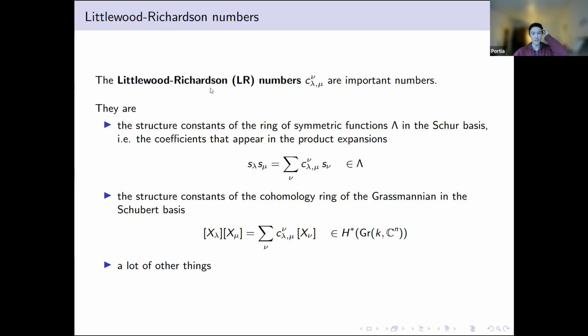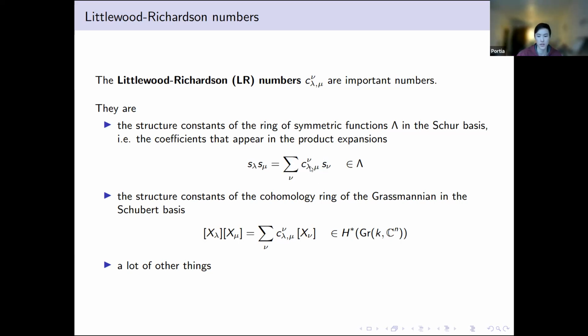Here are a few things. The Littlewood-Richardson numbers are structure constants of the ring of symmetric functions for the basis comprised of Schur functions. The structure constants are the coefficients that appear when you expand a product of two Schur functions as a linear combination of other Schur functions.